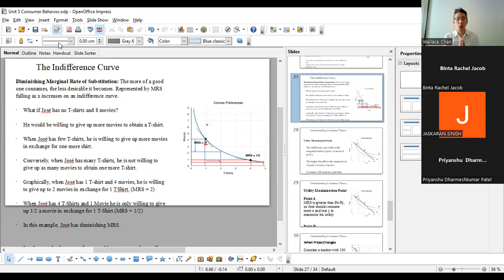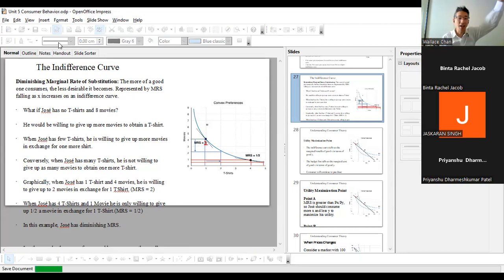Okay. For example, let's say your two most preferred foods are fish and, I don't know, cookies. Generally speaking, a lot of people would rather have some fish and some cookies rather than having 10 fish and one cookie, or 10 cookies and one fish.